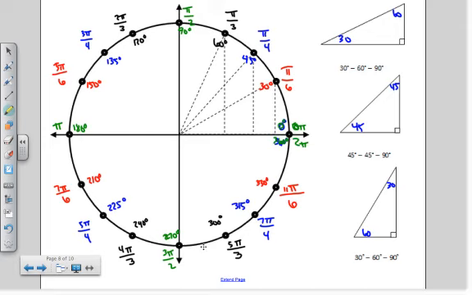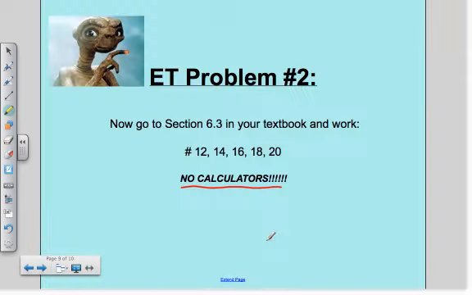Like what if it said negative pi over 4? Where is negative pi over 4? Well, negative angles go the opposite direction, and pi over 4 is 45 degrees. All right, so that would be right here at 7 pi over 4. So that's the kind of answer you'll be giving. So some of the problems might have you do things like that. So just use your head and try very hard. These problems shouldn't take long.